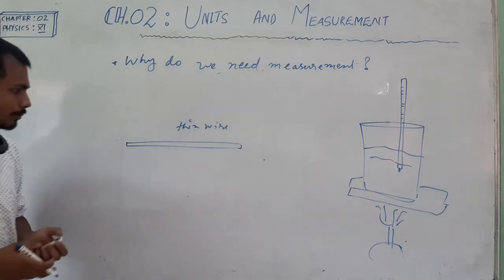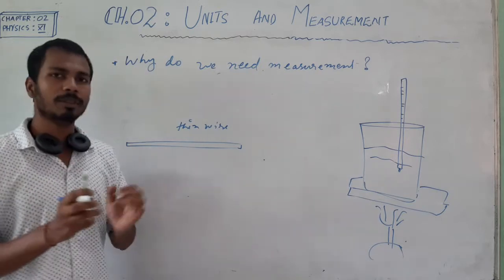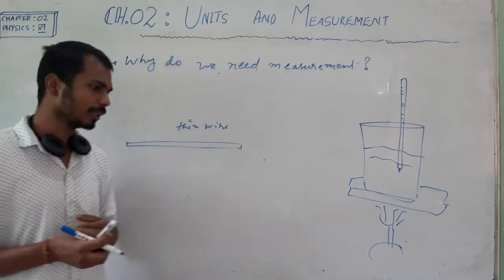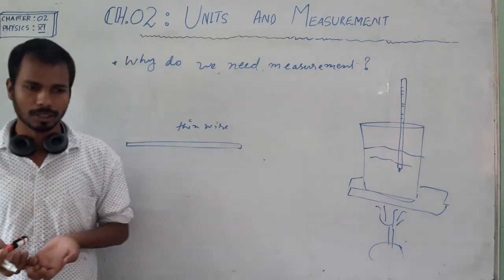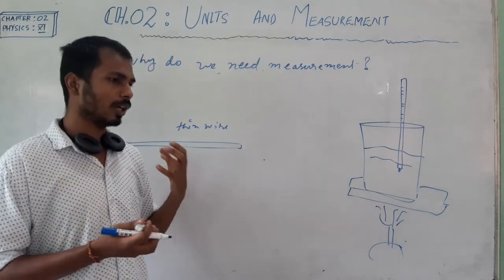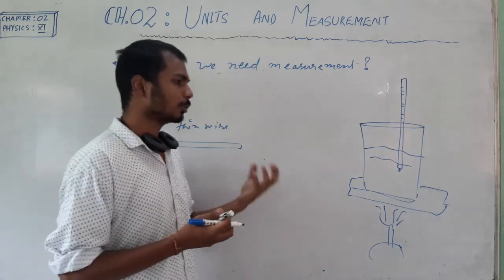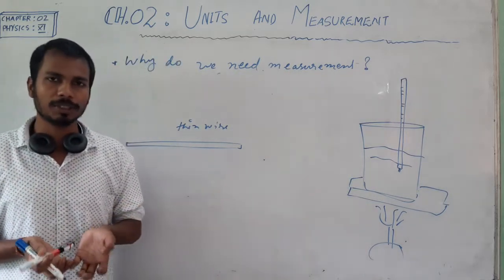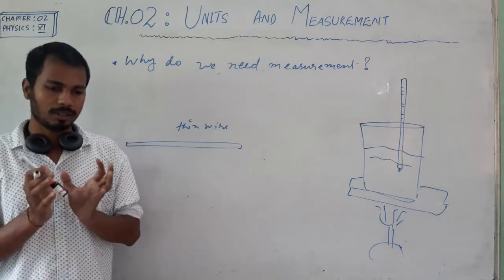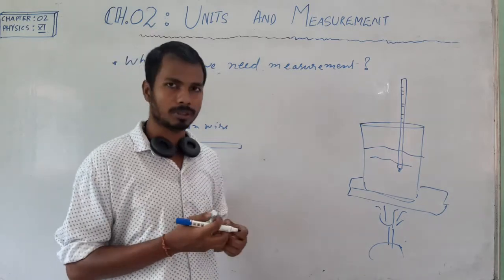To measure something, we need measurement, and for measurement, we need an appropriate device. If you go to the market and purchase some grocery items, say you ask for 2 kg rice, the shopkeeper will measure 2 kg using a measuring machine and then give you the rice.